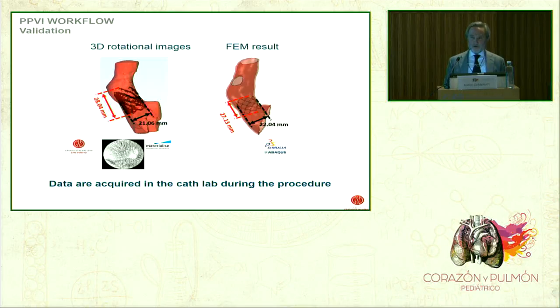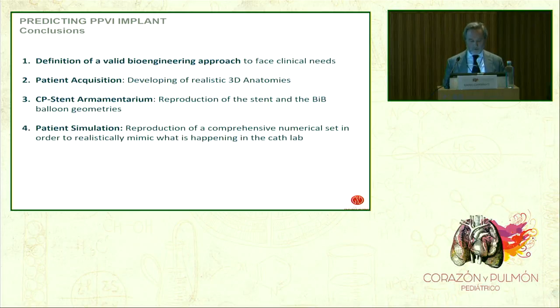The validation of this work is something that we are doing now. All these data are validated in the cath lab when we do 3D rotational angiography in all cases, and we compare with the data we acquired before by computational simulation. So this is very important.